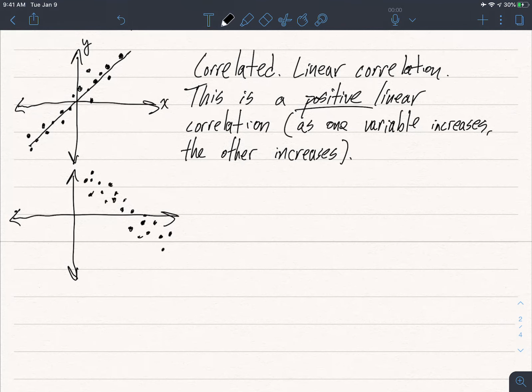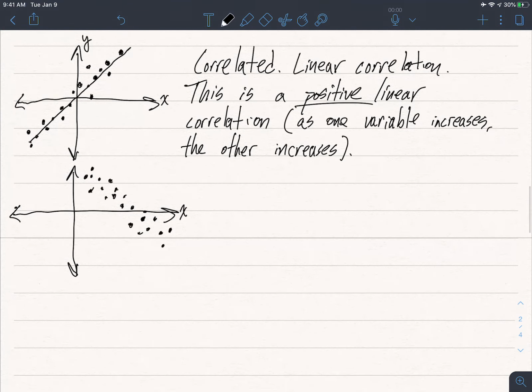Would you say that these variables are correlated? Do they show a relationship between each other? And yes, I would still say that these are correlated, right? Because they still seem to follow a pattern, still in a line shape too, right? It goes down over here. I mean, we're not using any part of this part of the graph, but that's okay. They're just over here. So I guess x wasn't allowed to be negative.